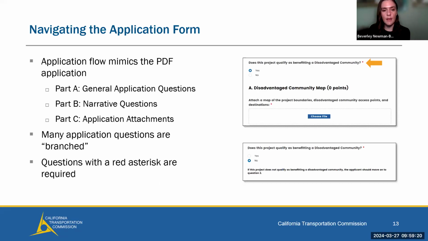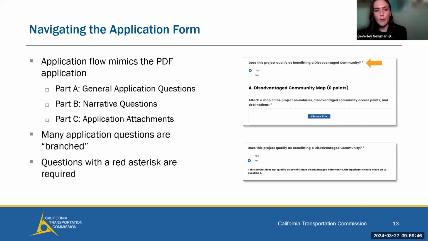And then we have part B, the narrative questions. This is where you do most of your writing. And then part C is the application attachments. So it's basically the same flow. We wanted to keep it familiar with what you've done in the past. Maybe once we get used to a new online platform, we'll go back and change the format for next cycle. But for now, it's pretty much the same format.